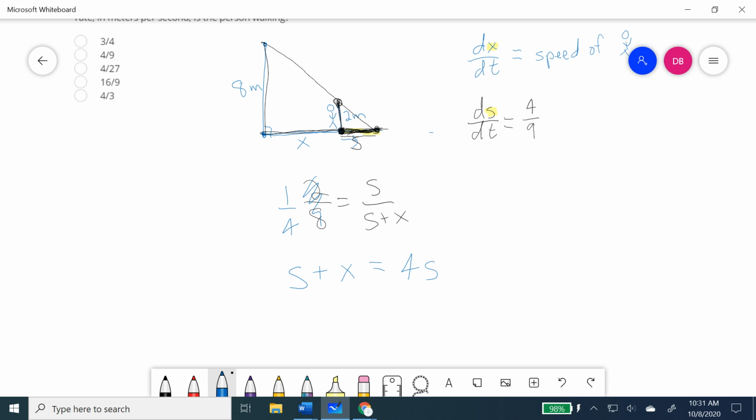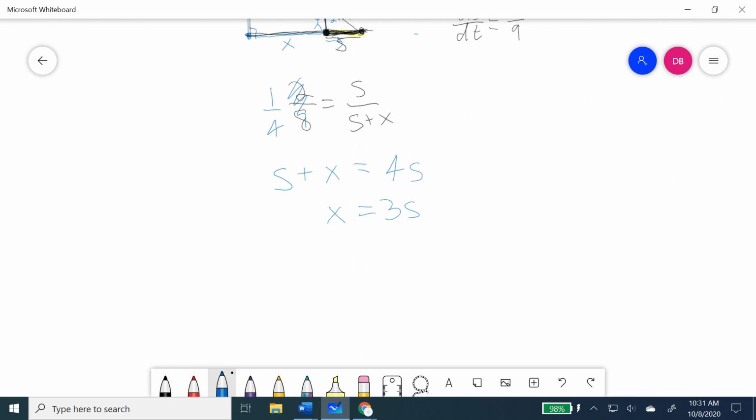I can combine my S's together so that my derivative isn't as much to do. And now you have an equation that relates the variables that you're needing to deal with rate of change. Take a moment to say, I've got two variables, I better get two rates of change out.